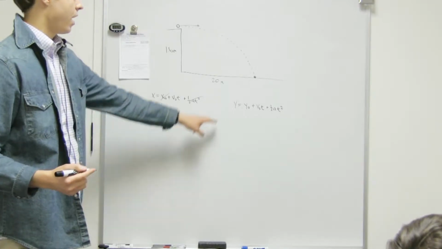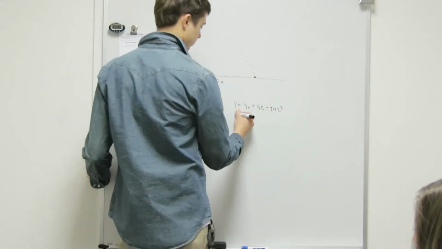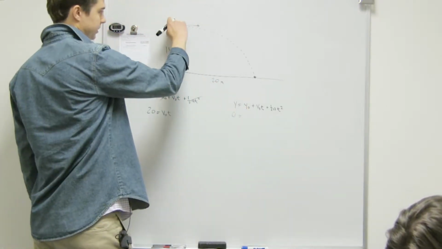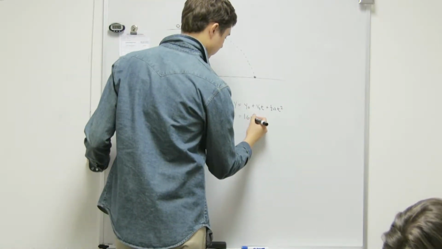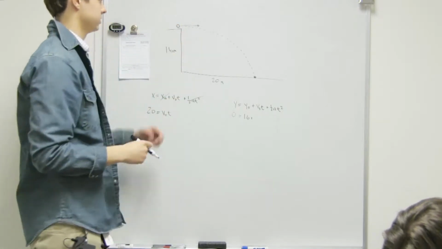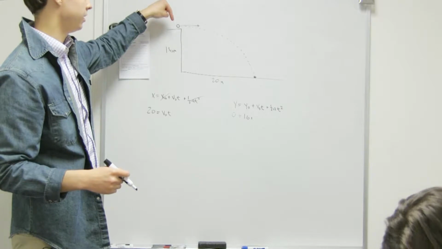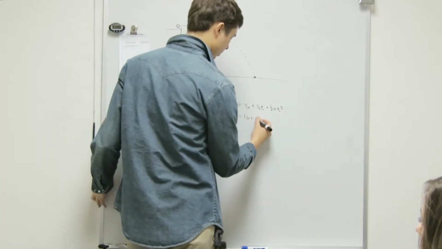So we know that y final is 0. Y naught is that 1.6 meters that it was originally raised. V naught is 0, right? Because all of its speed was horizontal, so its speed in the y dimension was 0 initially.